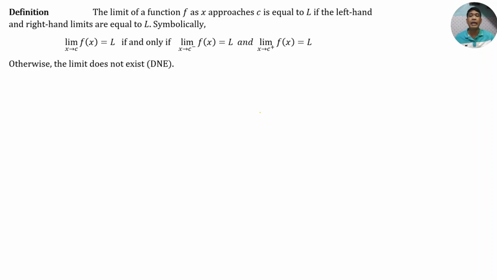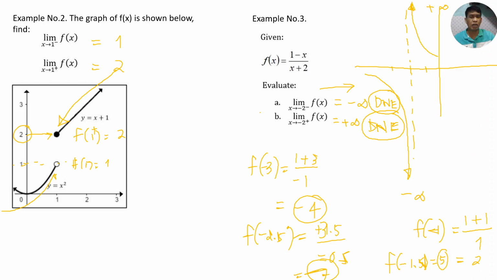Balikan natin yung example number 2. Ang example number 2 natin, limit of f of x as x approaches negative 1 is equal to 1, and limit of f of x as x approaches 1 positive or the right-hand limit is equal to 2. As you notice, the left-hand limit is not equal to the right-hand limit.